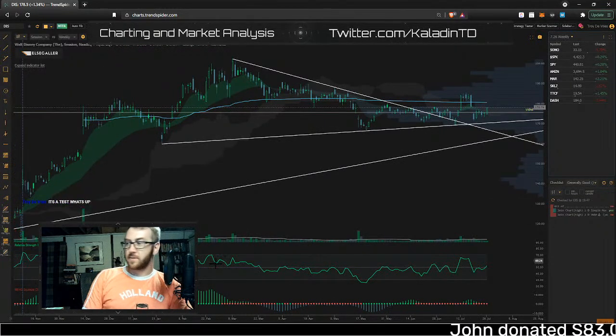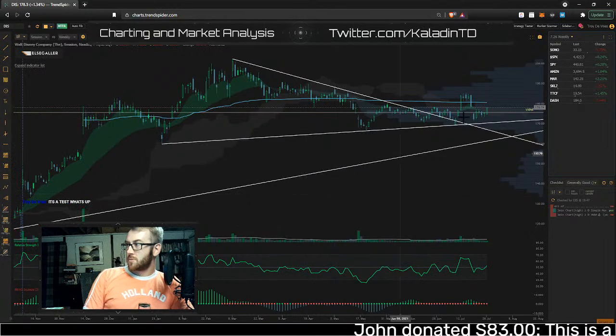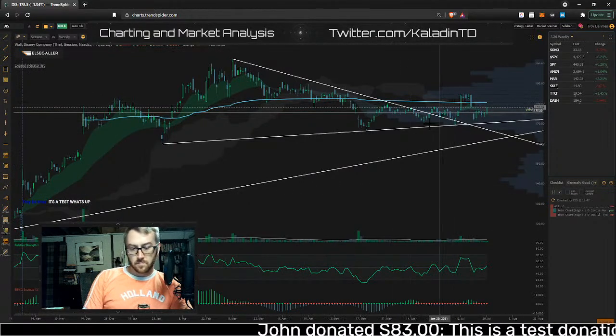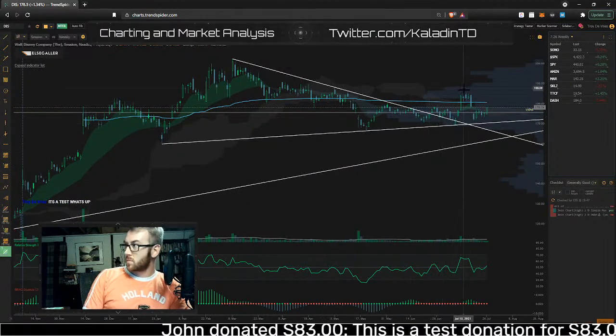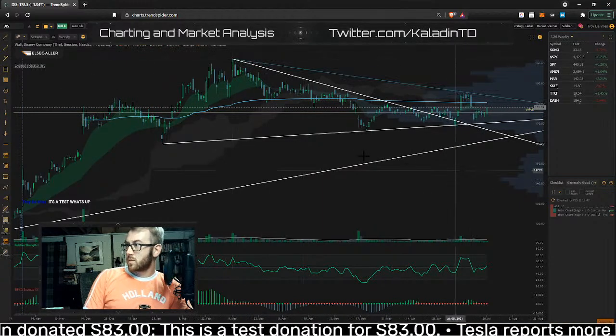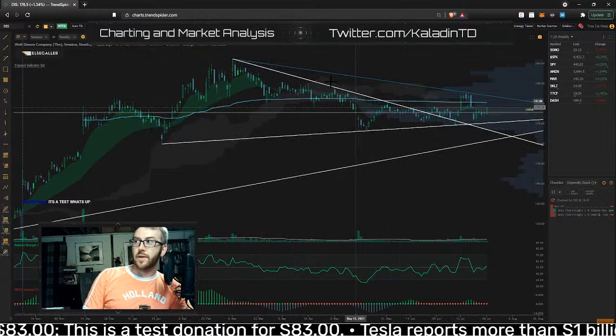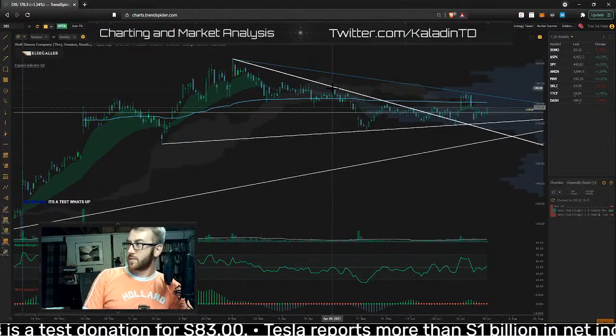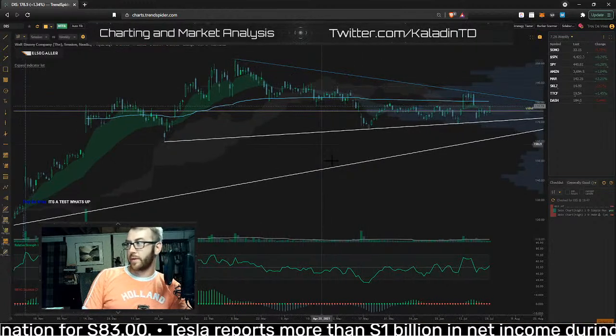Squeezing currently. There's a lot of different trend lines you could put on this chart. I'm going to try and clean it up a little bit.